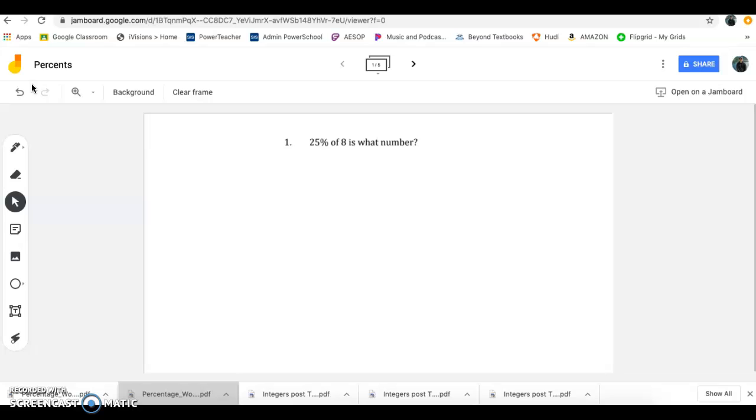And if you guys remember, even if you don't, we could spend some time talking about it. When you read these sentences, we need to identify the ofs, the is, and the percents, or whatever we have. So right here I have 25% of 8, and remember we want to box what we don't know.